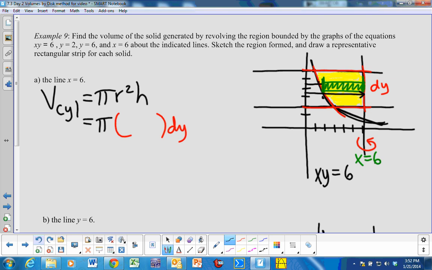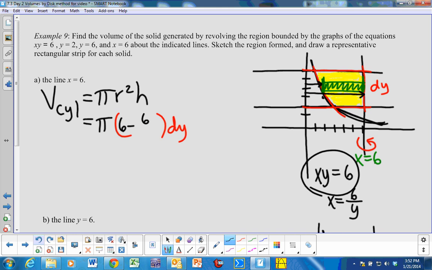If I go from here to here, to get to the top of the rectangle, that's just the function value. So to get the height of the rectangle, you're going to take 6 and subtract the function value. So you're going to have 6 minus, well, my function right now says xy equals 6, but I need it to say x equals something, because everything I'm doing is in terms of y. So I solve it and I get x equals y over 6.